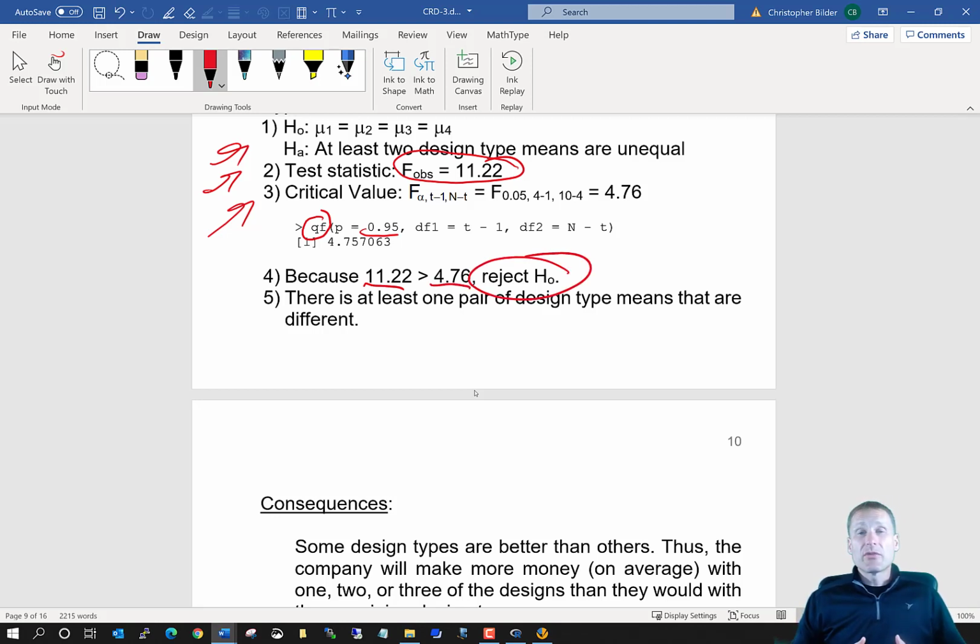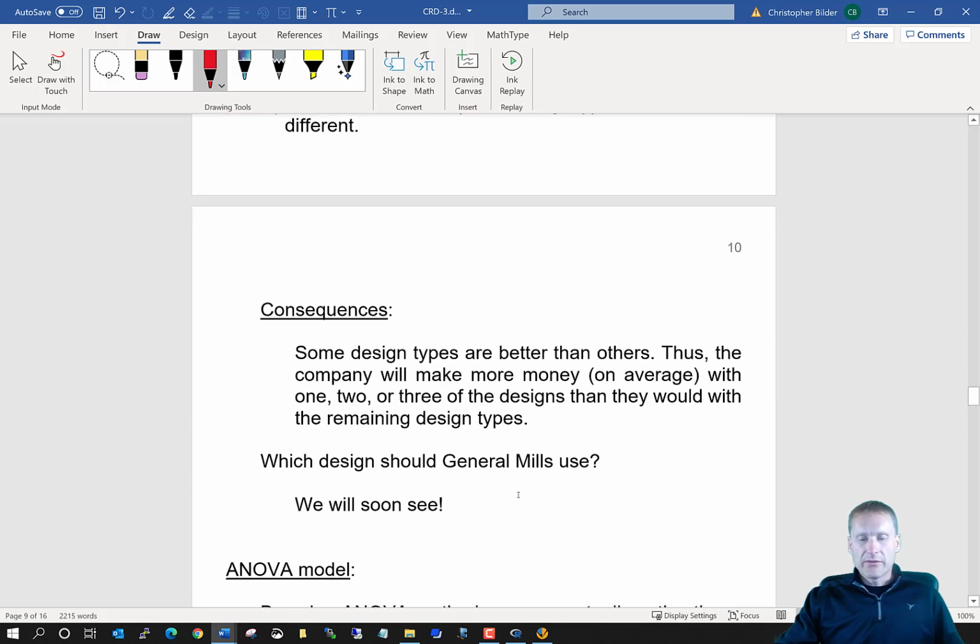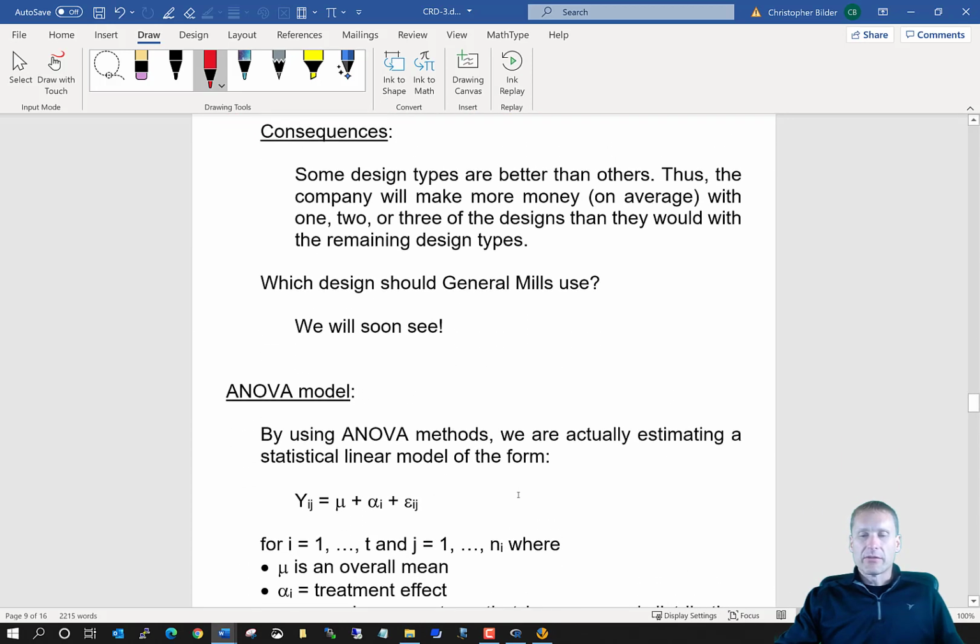What does this mean in terms of the original problem? Well, there's at least one pair of these design types for these cereal boxes, at least one pair of these means that are different. So consequences then. Well, some design types are better than others in an average sense.